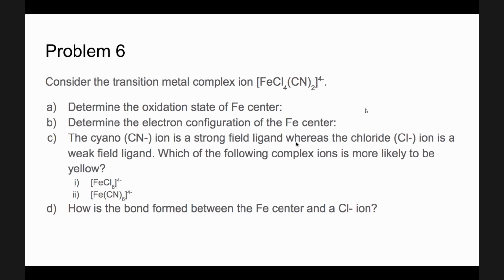Yes. Okay. And then lastly, in part D, they're asking how this bond is formed between the Fe center and the Cl minus. So basically it's asking about how these ligands are bonding. How about Johanna? So the chloride ions are the ligands and they'll donate 2 electrons to the metal center.